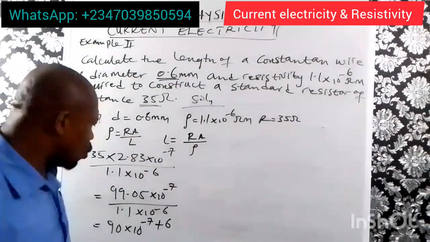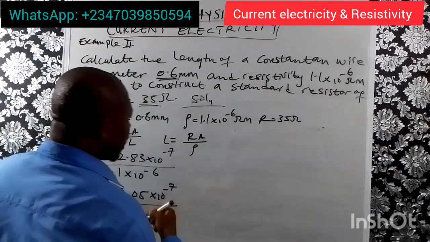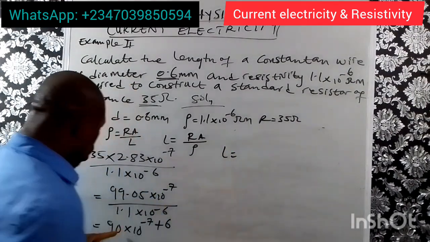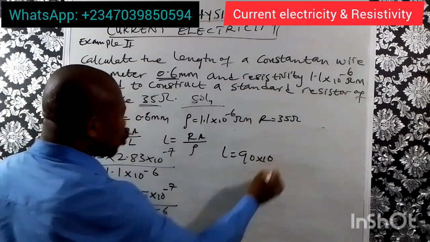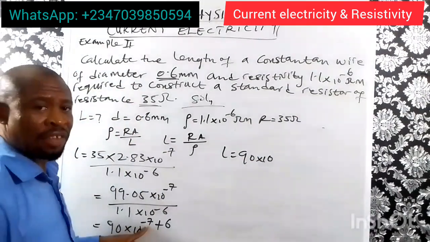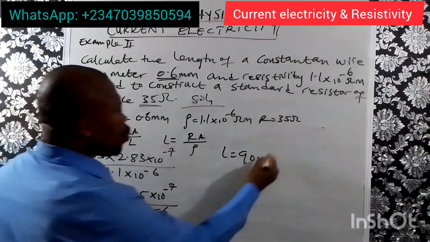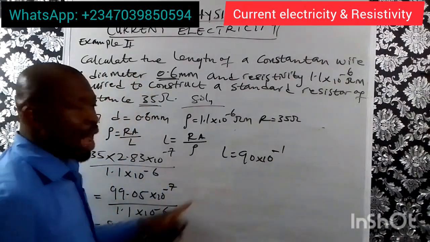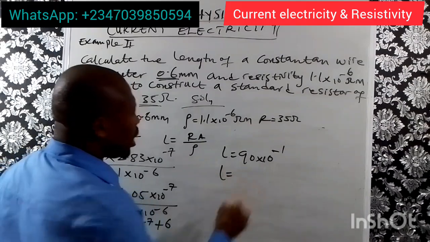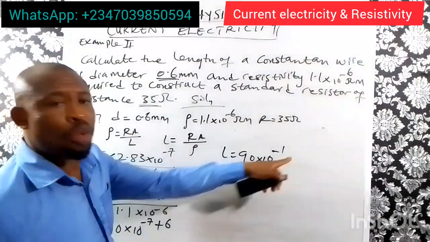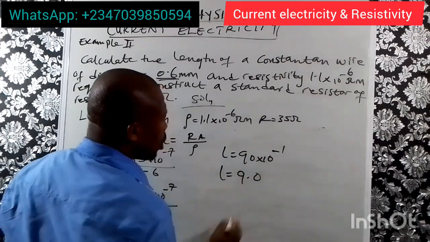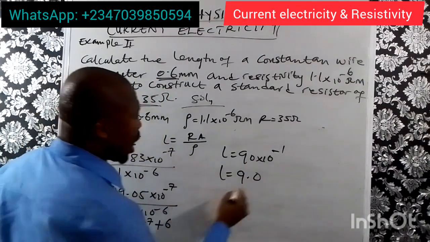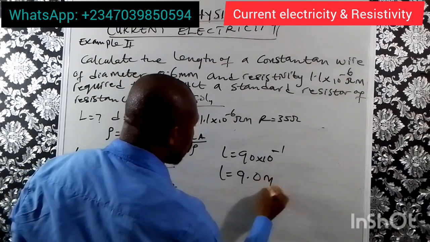Minus 7 plus 6 will give us minus 1. So the length is 90 times 10 raised to power minus 1, which is 9.0. Therefore, the length of that wire is 9.0 meters.